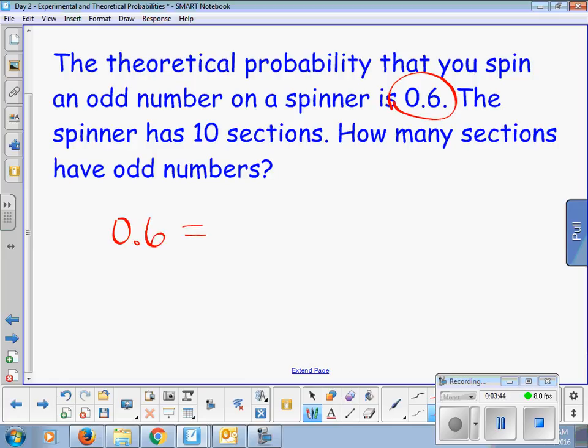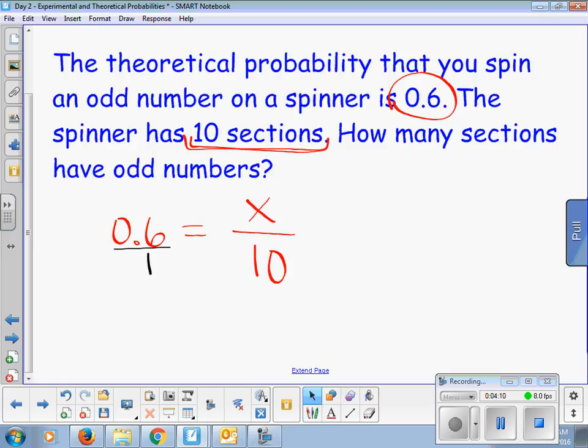We can set that equal to our fraction. We know there's a total of how many outcomes or sections? 10, and then we don't know how many of them are odd, so you can set up a proportion. How do we write 0.6 as a fraction? You can write it as 6/10.